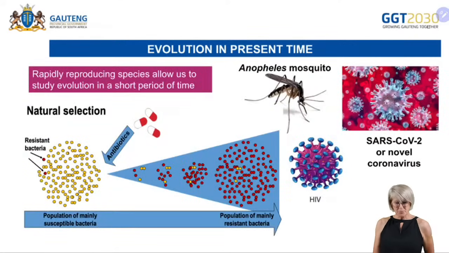Right, evolution in present times. So we use organisms that are rapidly reproducing, and we can see evolution occurring. And one of them is currently affecting us at the moment, which is the SARS coronavirus, which we know about the mutation. So we see different strains.